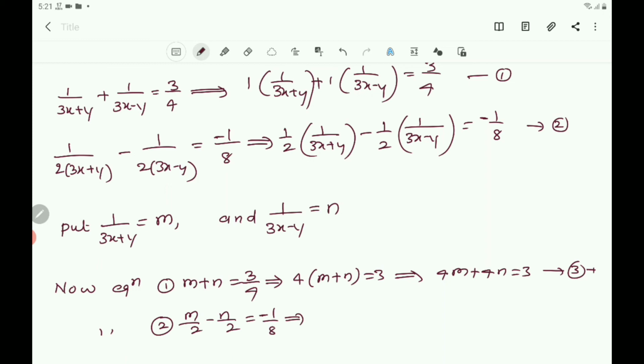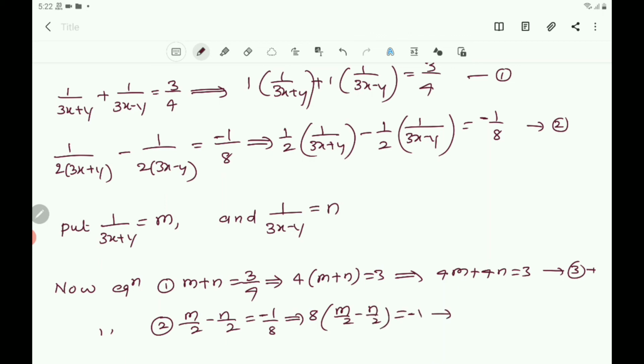Next, again you do the cross multiplication here. It becomes 8 into (m by 2 minus n by 2) equals minus 1.